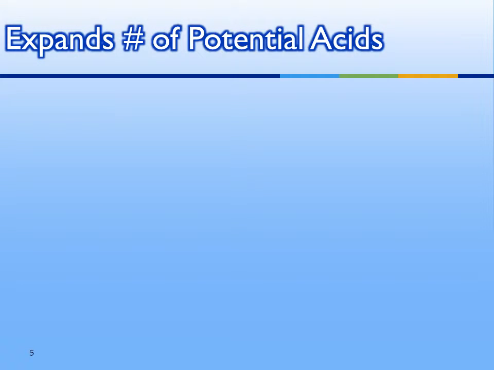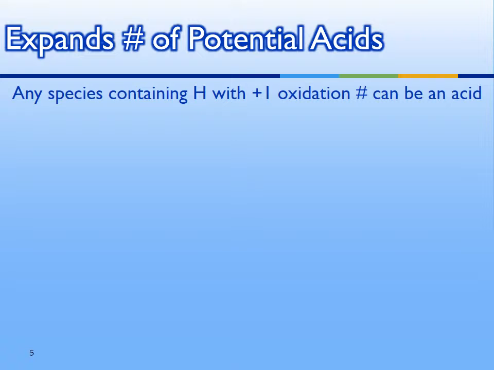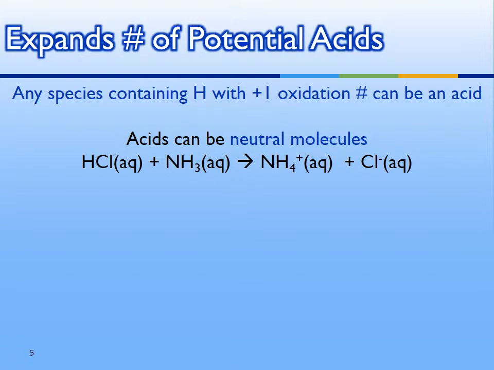So the Bronsted-Lowry theory expands the number of potential acids, because any species that contains a hydrogen with a +1 oxidation number can be an acid. Acids can be, therefore, neutral molecules, such as hydrochloric acid that reacts with ammonia to form an ammonium ion and a chloride ion.